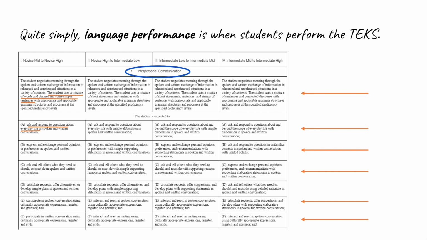The student uses a mixture of words and phrases and some simple sentences to ask and respond to questions about everyday life in spoken and written language. Now, if kids can do that, if they can perform that, then I know that they're performing at the novice mid to novice high level, and I know if we're meeting our desired results for the course. Okay, so it's pretty straightforward, not rocket science at all.